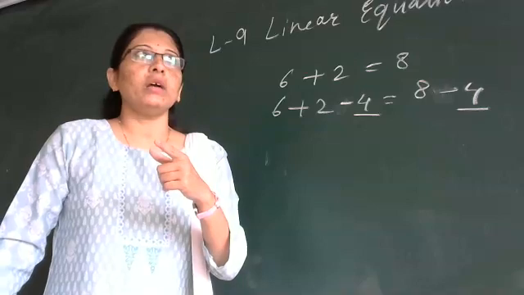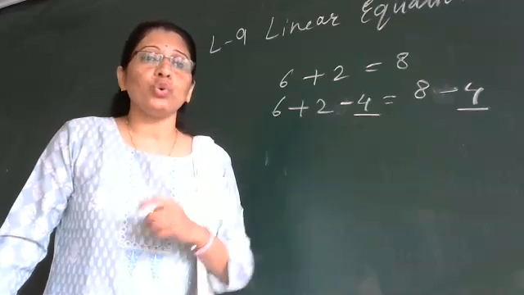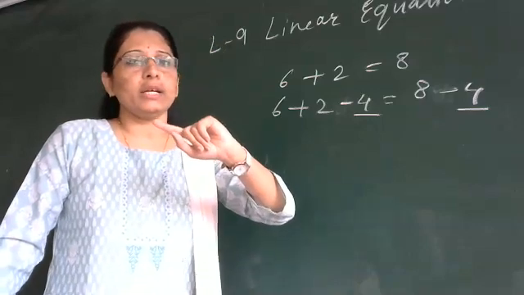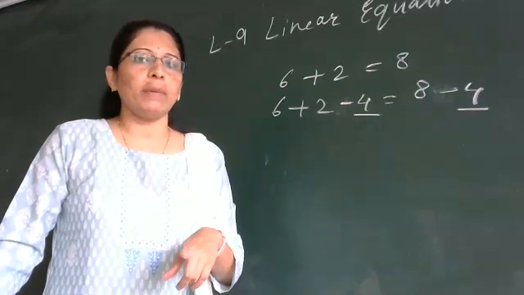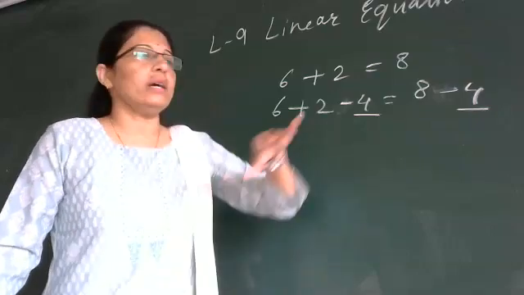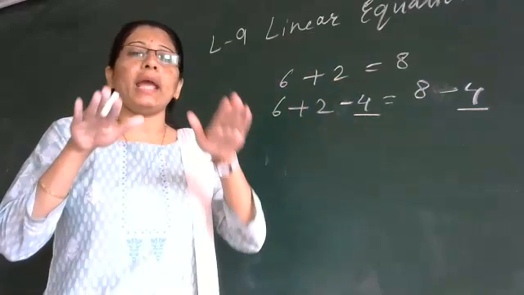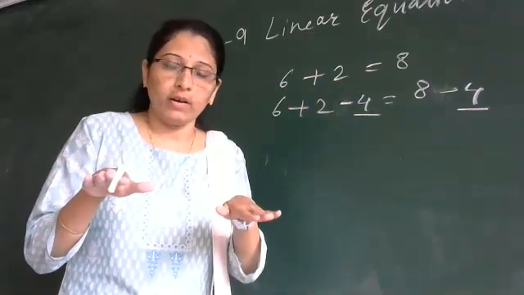Now, for equivalent fractions, what did we used to do? We used to multiply the numerator and denominator by the same number, no? The same method applies here in a linear equation to keep LHS and RHS equal.